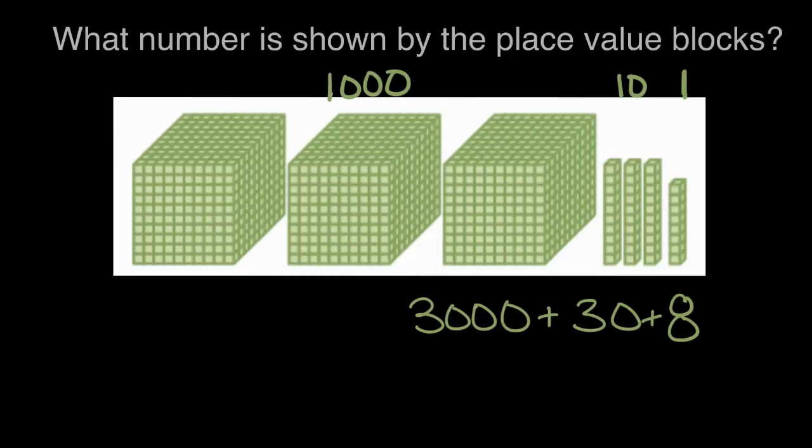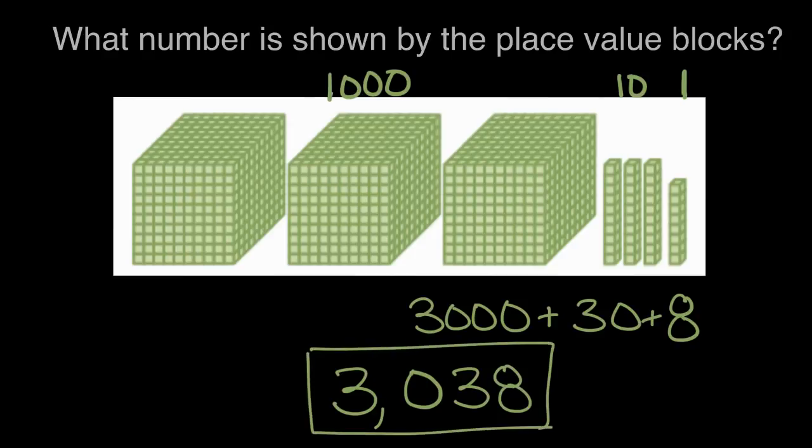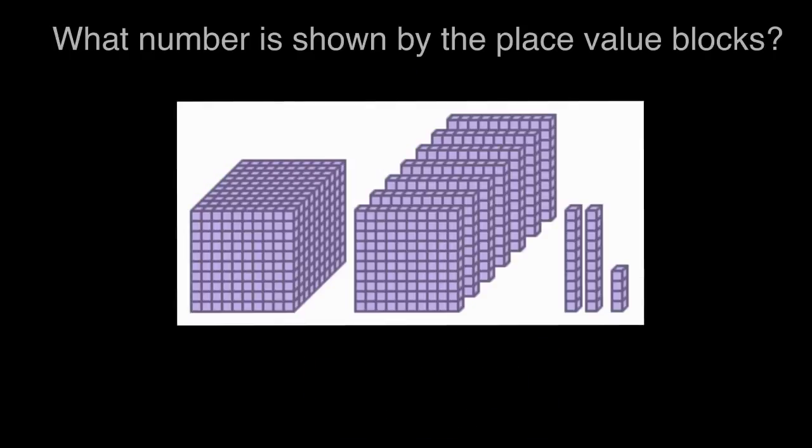So when we combine these numbers, we need to be careful to remember there are no hundreds. Our number will be 3,000, 0 hundreds, and 38. 3,038 is the number represented by these place value blocks.